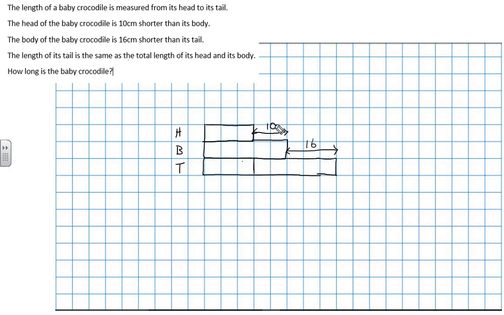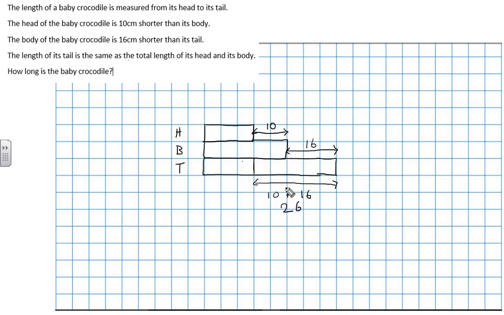Because we have this difference and this difference, and if we add those differences together, we actually do have the difference between the head and the tail. Okay, because let's do that here. So this difference is the same as 10 plus 16, which is 26.